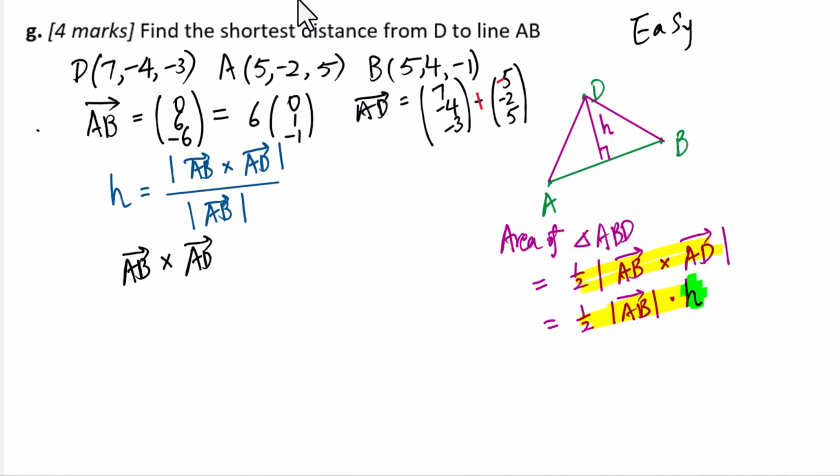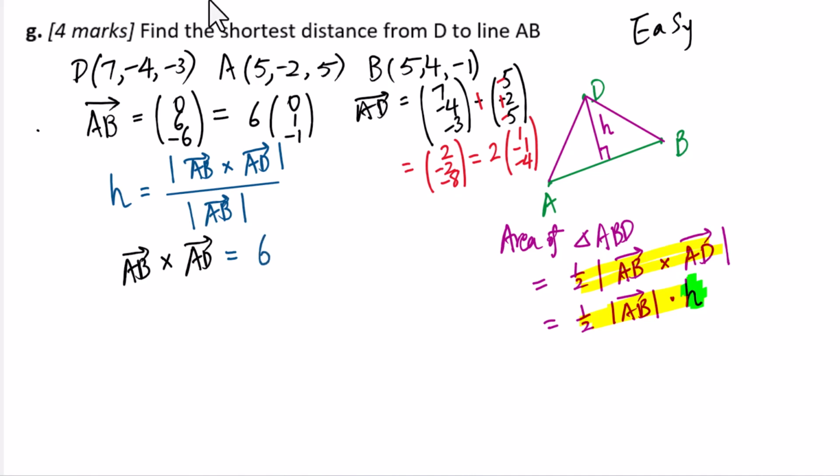Addition, change sign. We got 2, -2, -8. Take these two out: 1, -1, -4. Vector AB cross vector AD.